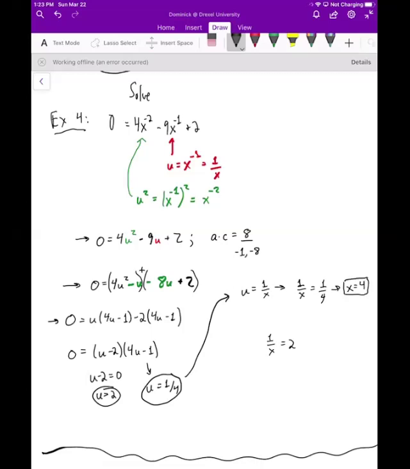So that's one answer. If you cross multiply here, if we think of 2 as 2 over 1, we'll get 2x is equal to 1. So then dividing by 2 will give us x is equal to 1/2. And again, we did not raise both sides to an even power here, so both of these answers are valid.